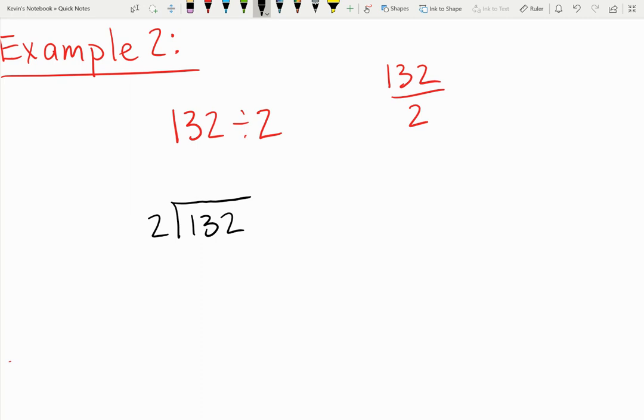All right. So for this one, 132 divided by 2, there are different ways you can actually do your division problem. So I'm going to do it one way, and I'm not going to tell you how I'm doing it, but I want to see if you can recognize what method we're using.